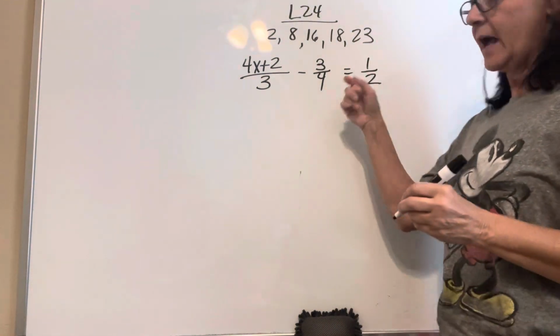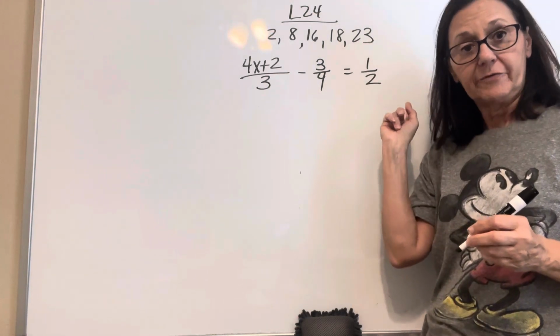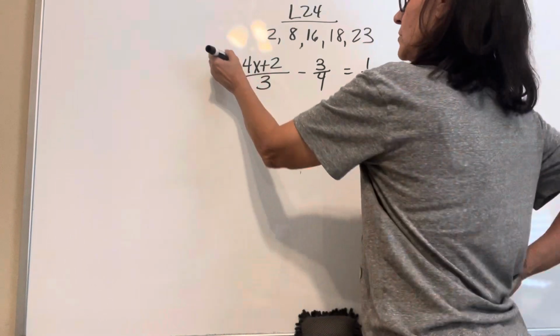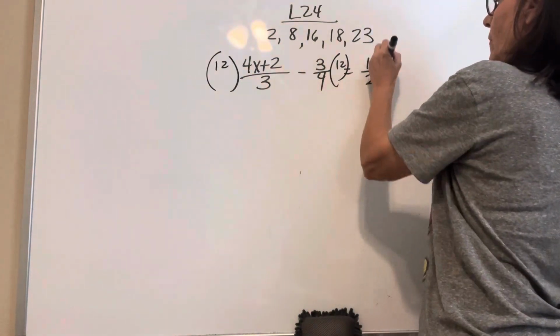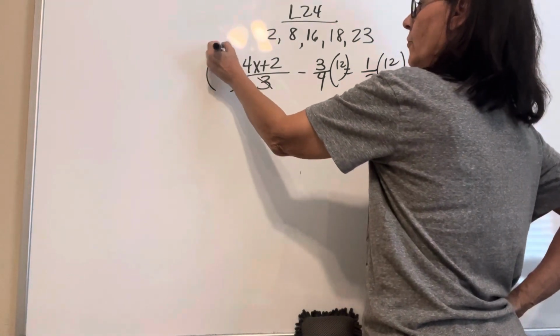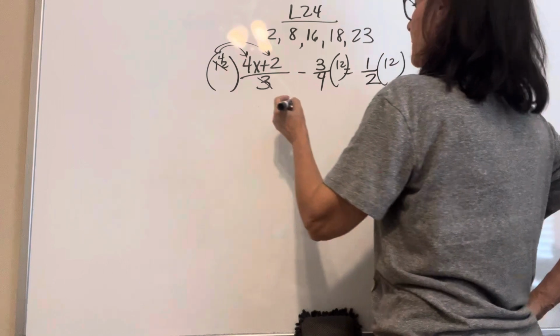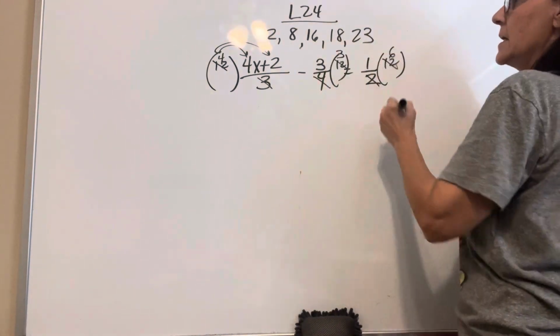I'm eliminating the denominator because I have an equal sign. 12 is the least common multiple of 3, 4, and 2. So I'm going to multiply every term by 12. Before I multiply, I simplify. So this becomes 4. 4 is distributed to both of those terms. This becomes 3. This becomes 6.